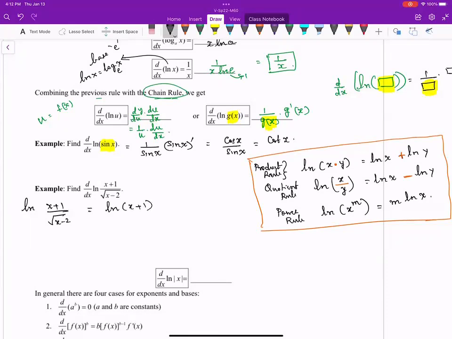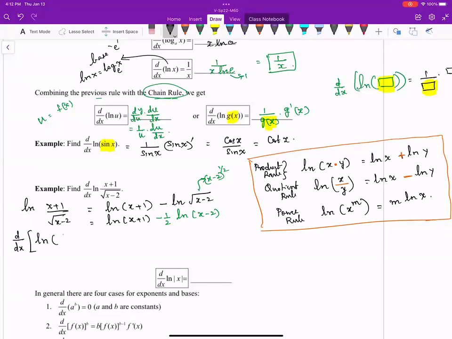So it's ln of the numerator minus ln of the denominator, by the quotient rule. It's ln of x plus 1, then the square root of x minus 2 can be written as x minus 2 to the power 1 half. Now I use the power rule and write this as half ln of x minus 2. Now let's do the derivative, then it becomes much simpler and more elegant.